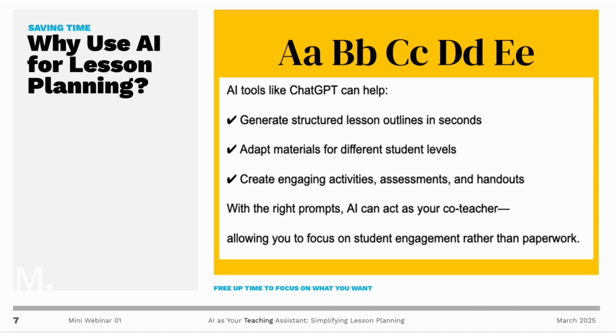It also can adapt material for different student levels and create engaging activities, assessments, and handouts, which is what all of us love to do. We just don't have the time to do it. So with the right prompts, AI can act as your co-teacher, allowing you to focus on student engagement rather than all the paperwork.